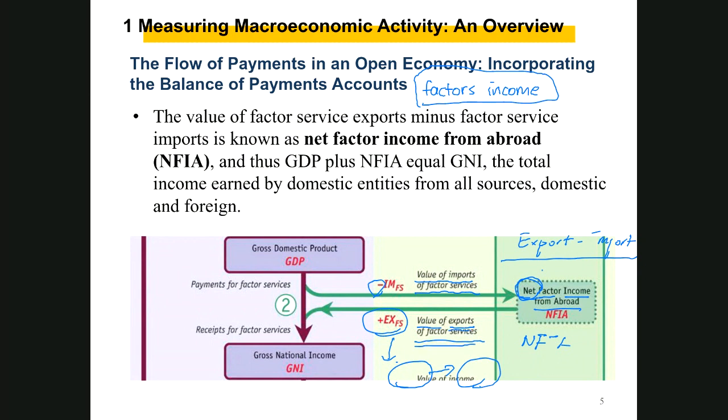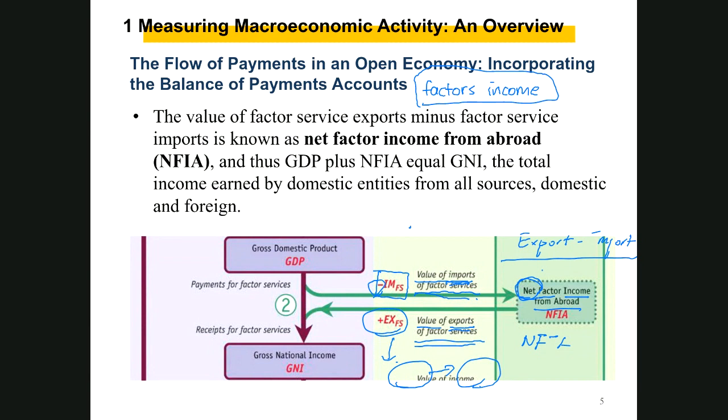On the other hand, for example, I'm a citizen from Taiwan, and I was hired by George Washington University. So George Washington University pays for the import of the factor, which is my labor. So this is the minus term for the US national account.